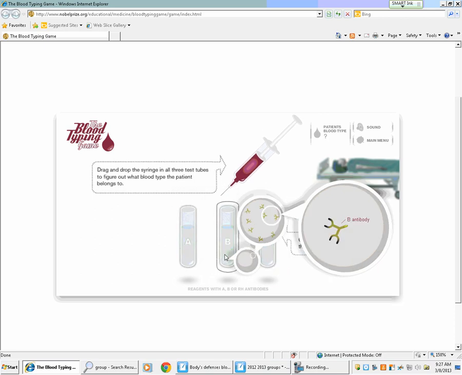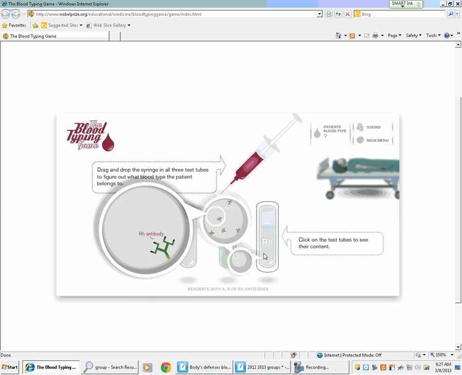Test tube B. Tell us, doctor. B antibodies. You have to speak up. B antibodies. So therefore, doctor? It's A blood type. Okay. The next one is an RH. And what is this saying?